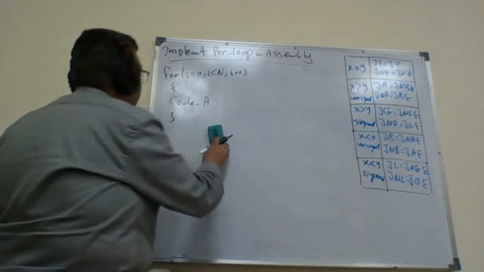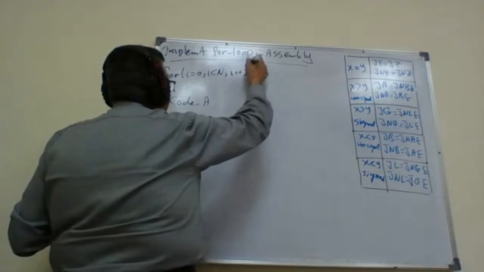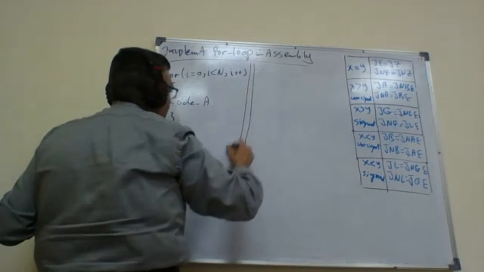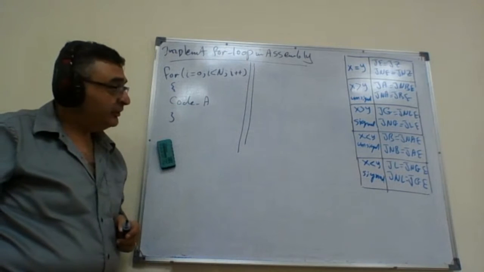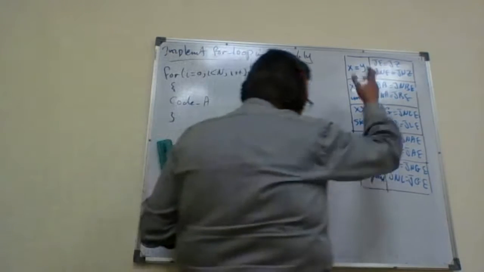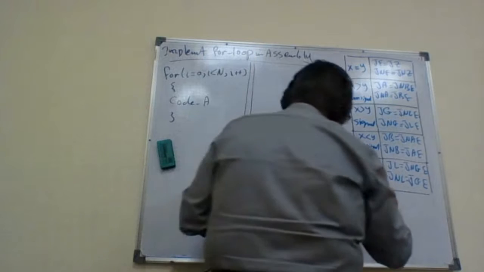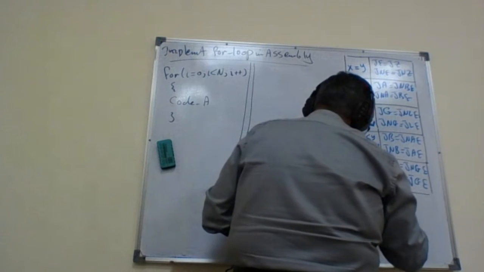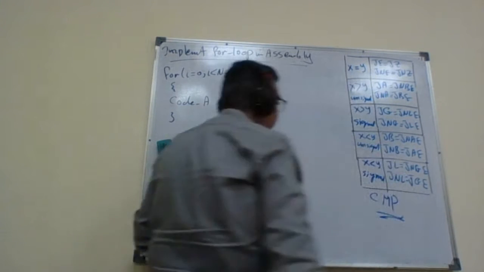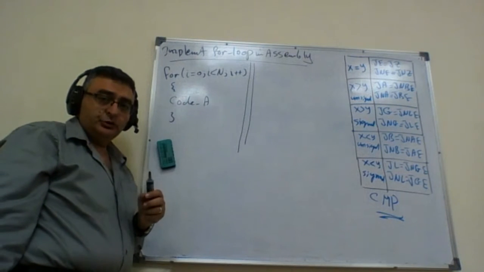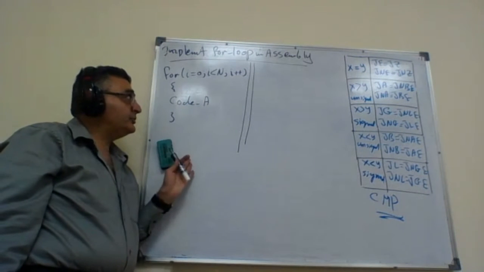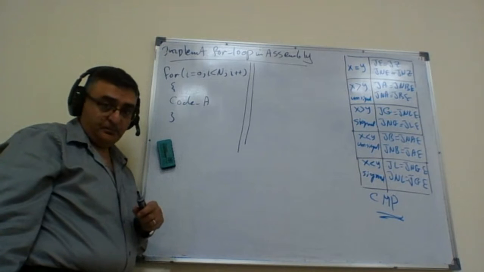How can I implement this in assembly? Here is the question. I know the jump instructions in addition to the compare instruction. How can I use those two instructions to implement this?